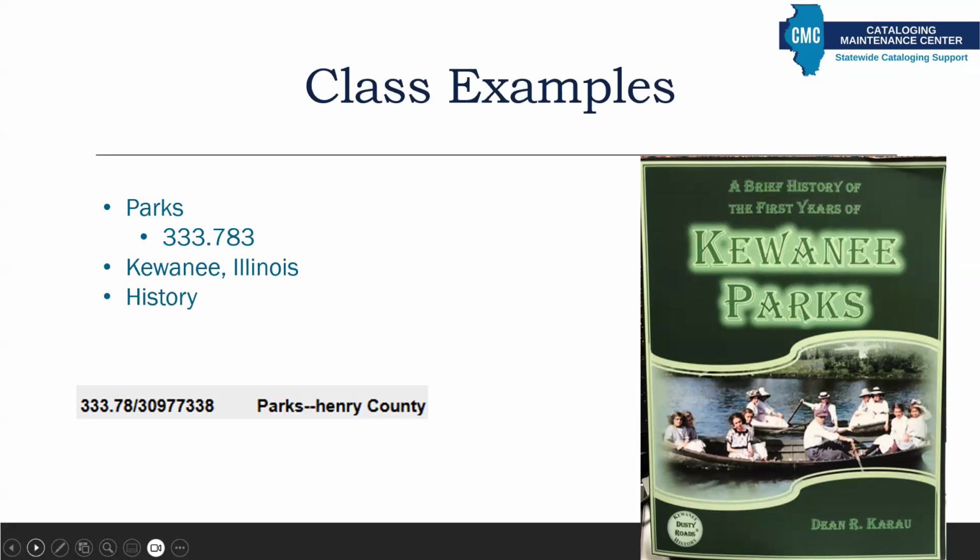Kewanee is in Henry County in Illinois, so we'll need to look for that once we get into the geographic areas. We will then add the geographic area to our initial number, which leaves us with 333.7830977338 for parks in Henry County.